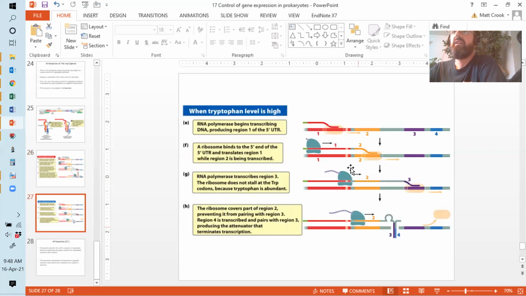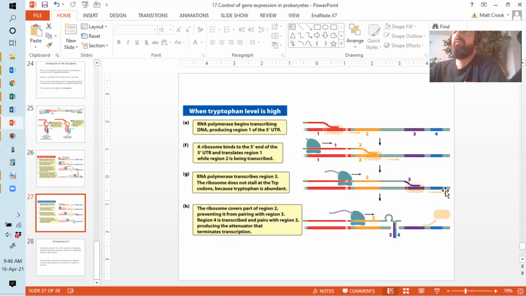Now on the flip side, if there is plenty of tRNA with tryptophan around, or enough for this ribosome not to stall, right? Again, that's why there's 2 trip codons in region 1. The ribosome processes onto region 2. So region 3 is produced, but there's no region 2 for it to bind with because it's already been occupied by the ribosome.